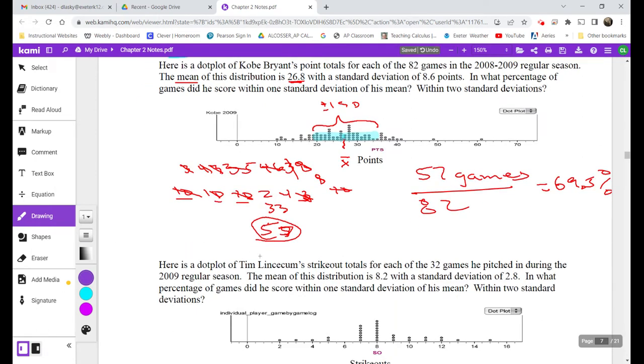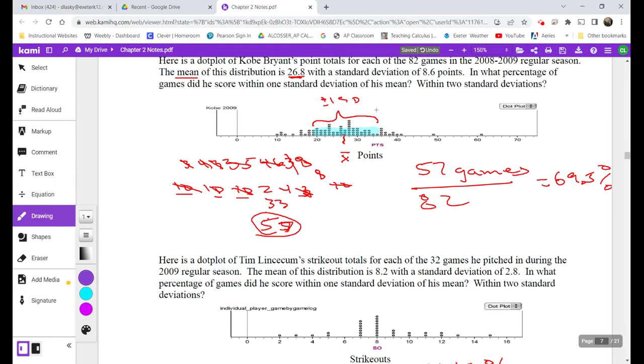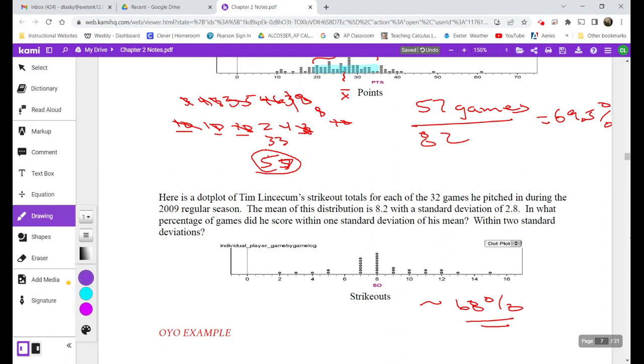So if I did the same thing here for strikeouts, and I went 1 standard deviation in between them, I would get approximately 68% of the data points. And if I kept doing it over and over, I would keep getting right around 68, 67 in there somewhere.